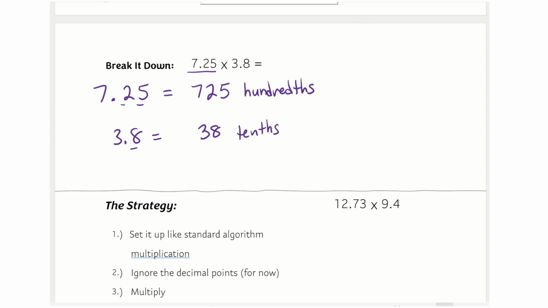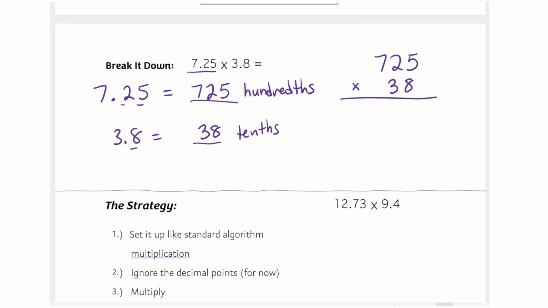What if I told myself I don't want to multiply and do all the grids for everything? I want to think of 725 times 38. I'm just going to do the math with my standard algorithm, and then I'll go back and deal with the decimal point. So that's what I'm going to do. I'm just going to think about my 725 and my 38. And I'm just going to use standard algorithm.